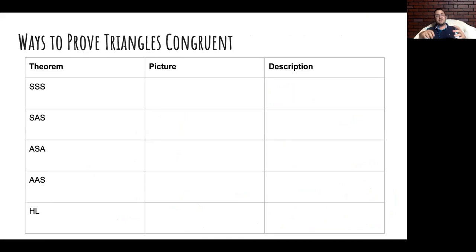All right, so let's actually talk about ways to prove triangles congruent. So the first way is just by having all the corresponding sides congruent.